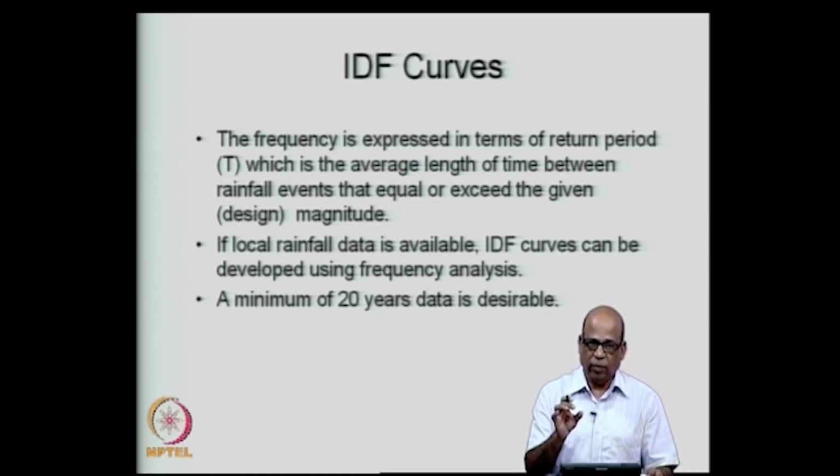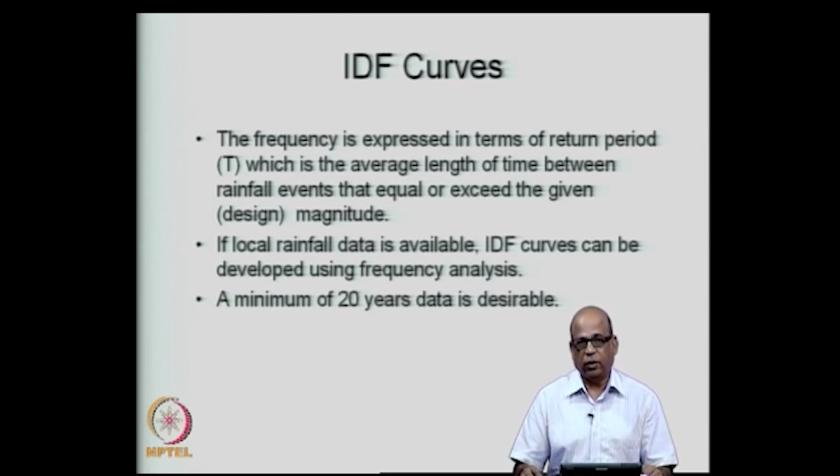Observed data is available for half an hour, 1 hour, 2 hours and so on. So, you can also aggregate to get 6 hours rainfall, 12 hours rainfall and so on. So, every half an hour you have made the measurements for last 30 years, all this data is available. Typically, a minimum of 20 years of data is desirable for constructing IDF relationships. If you have less than 20 years, then it may become rather statistically biased, and therefore, a reasonable length of data is necessary for construction of the IDF relationships.